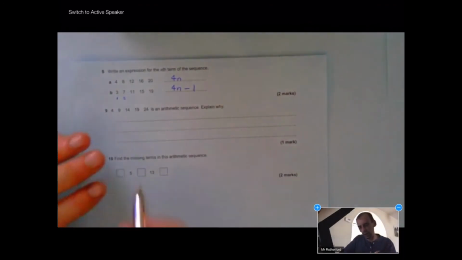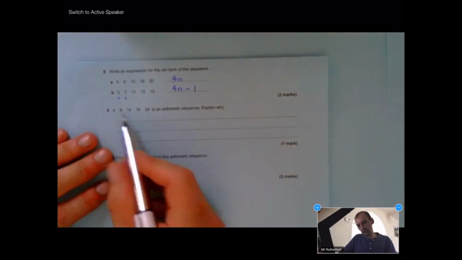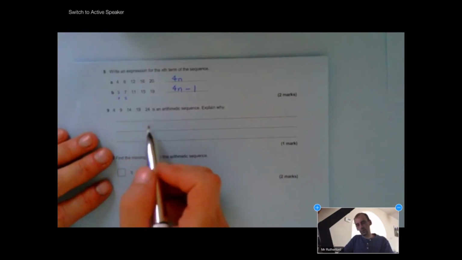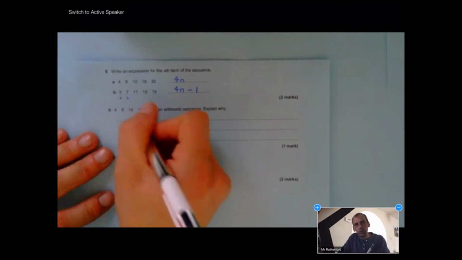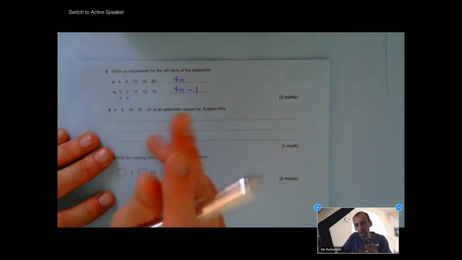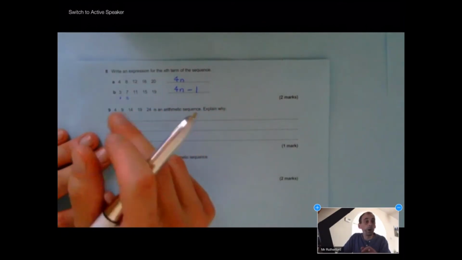In question 9, 4, 9, 14, 19, 24 is an arithmetic sequence. Explain why. It's because it goes up or down by the same amount each time. So if you graphed it, it would be a straight line graph.